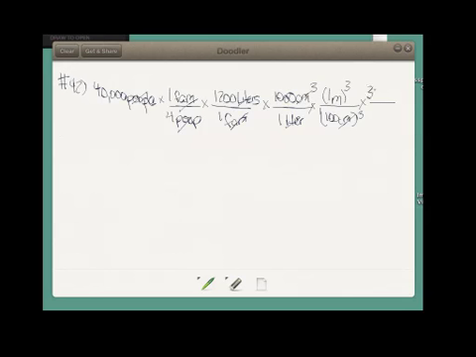And there are 365.25 days in a year. And last but not least, in 1 kilometer, there are 1,000 meters. But I need that cubed.